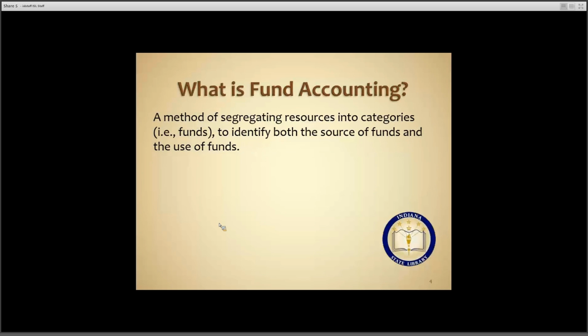The State Board of Accounts outlines the kinds of funds found in public libraries. See Chapter 4 of the State Board of Accounts Accounting Manual for Public Libraries, where details of funds are found. Note, all funds except the operating fund are established by a board resolution.